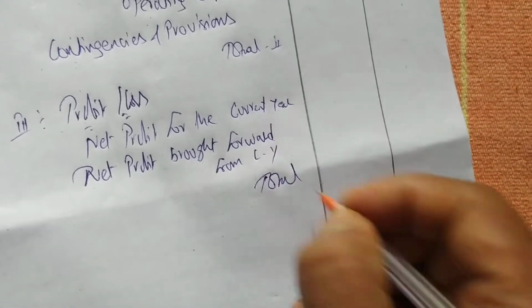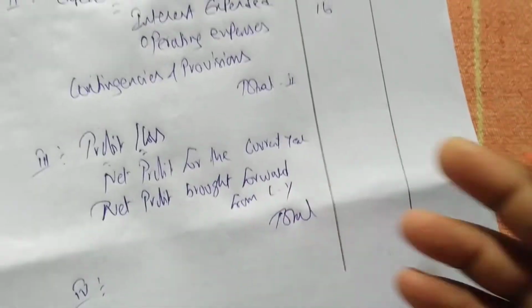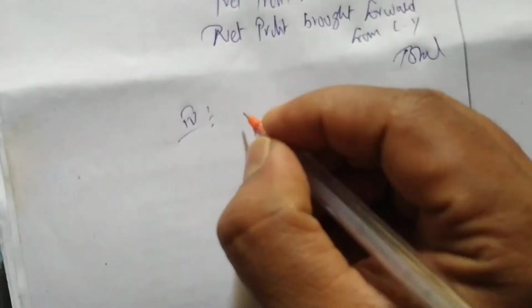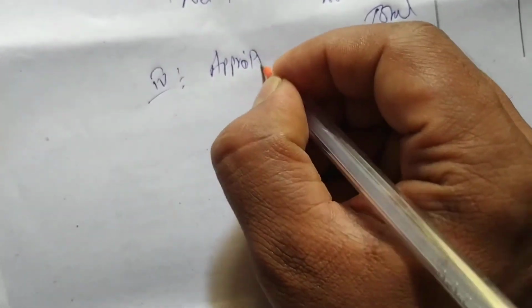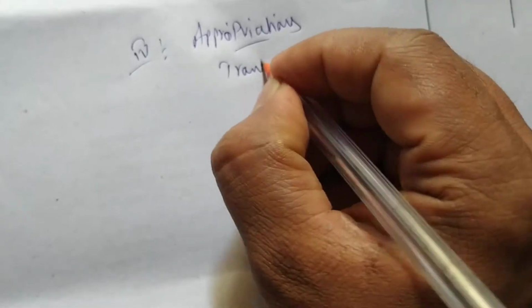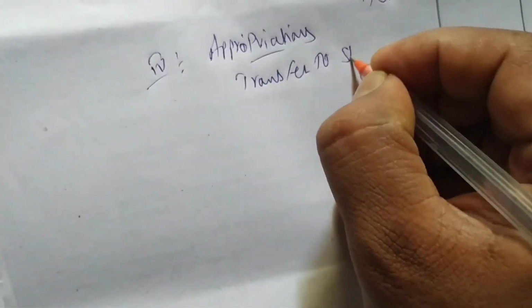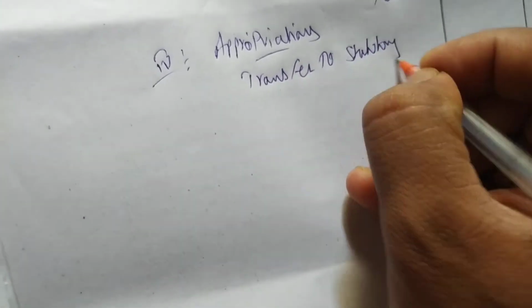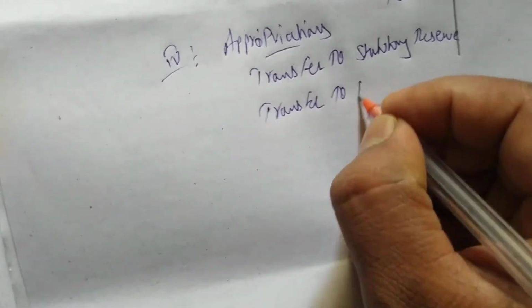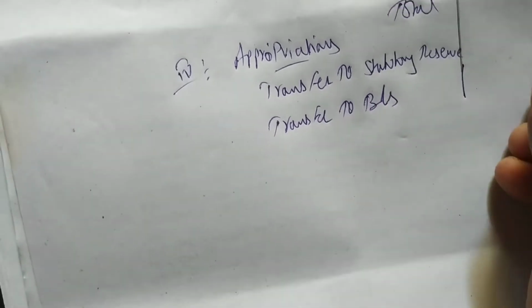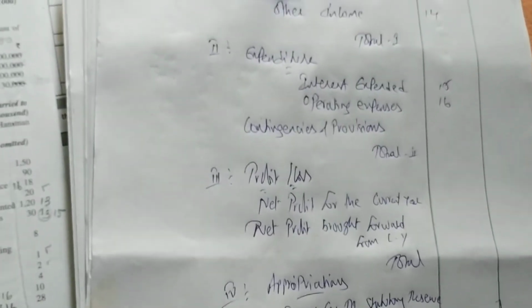We do total and we write Roman number 4. What will we write in Roman number 4? Appropriations. Okay, in this we'll write transfer to statutory reserve, and we'll write transfer to balance sheet. This much information we have to complete first.